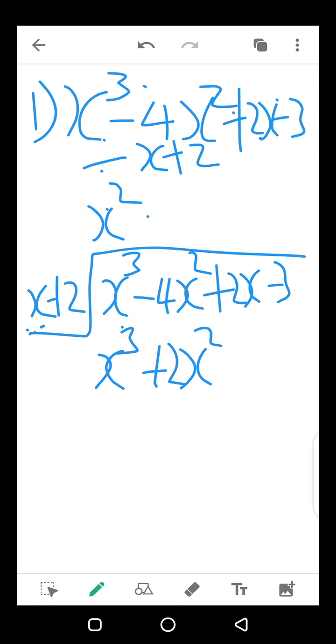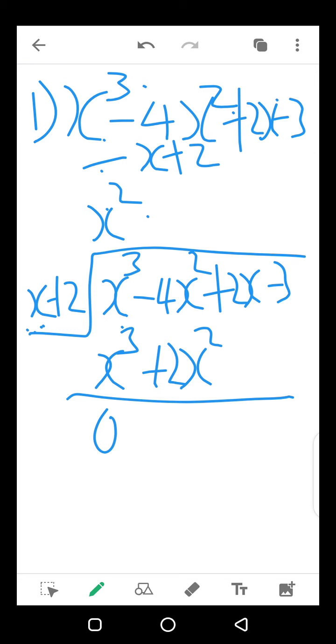Now, having gotten this, we have multiplied all the divisor. Now we do subtraction. We draw a line and subtract. x raised to power 3 minus x raised to power 3, we are going to get 0.